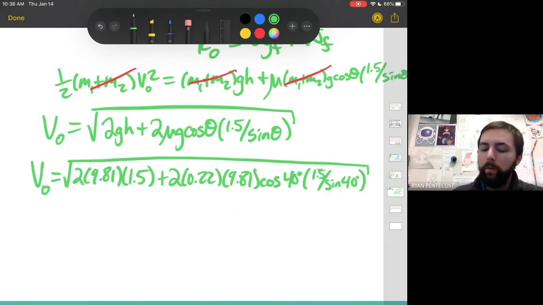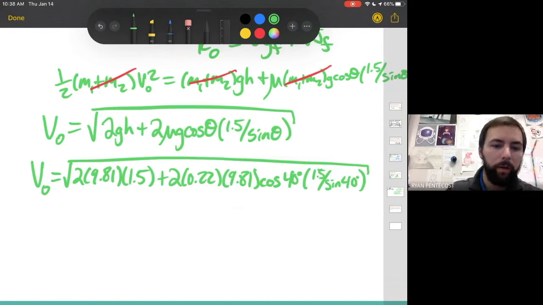Now, I know that when you see that cosine divided by sine, you want to simplify that. You can, but when I put that in my calculator, I kept getting it wrong when I simplified using trig. So I kept the cosine and sine separate, and I kept getting the consistent right answer there. So let's see. We have all of that.